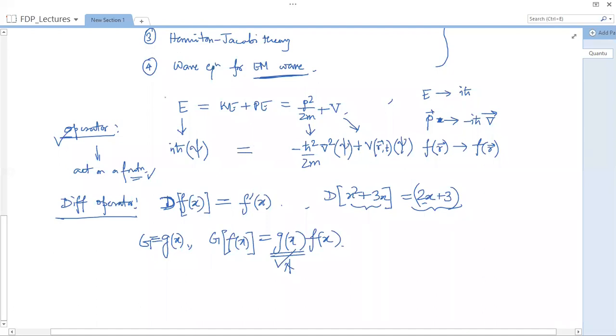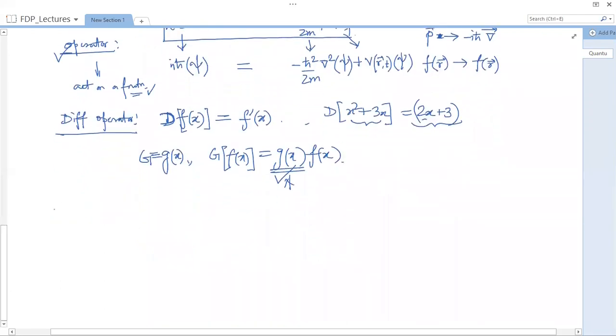So from classical mechanics, if we know the energy, we can go to quantum mechanics, and actually it comes from the Hamiltonian formalism of classical mechanics. What we have here is not energy but the Hamiltonian, which is a function of momentum and position.